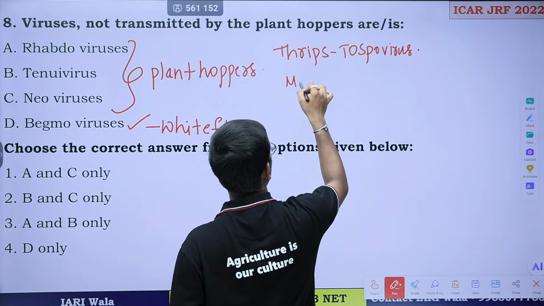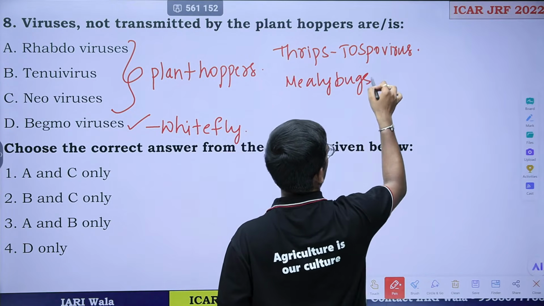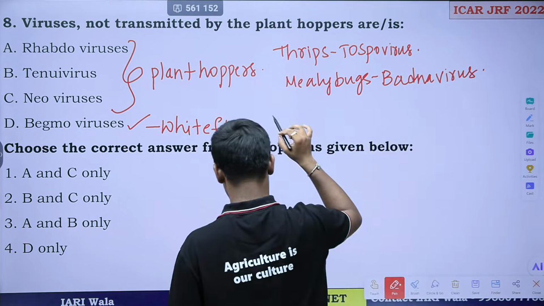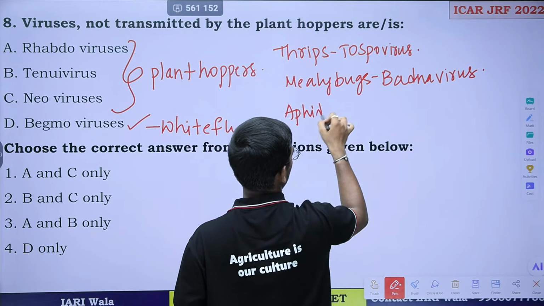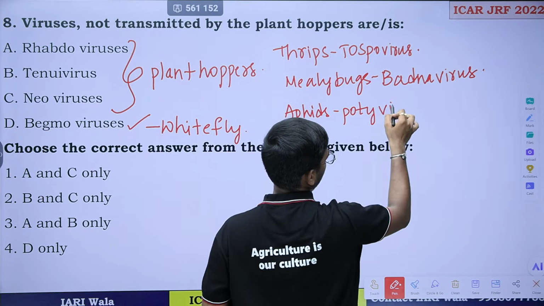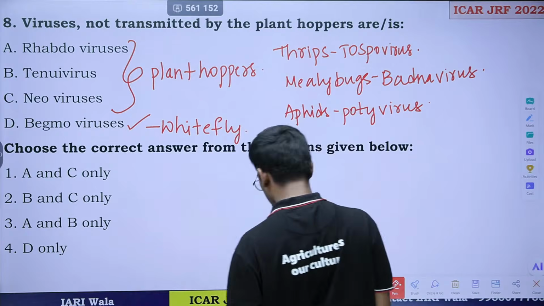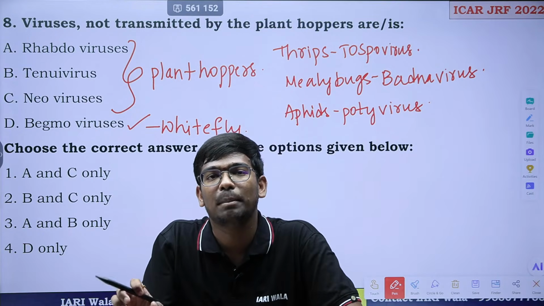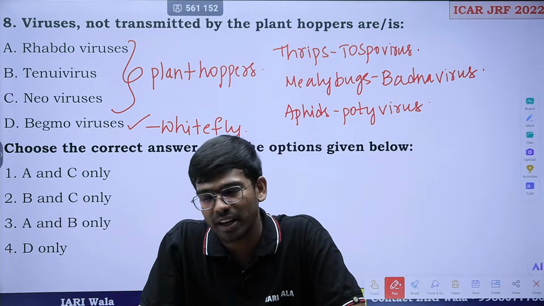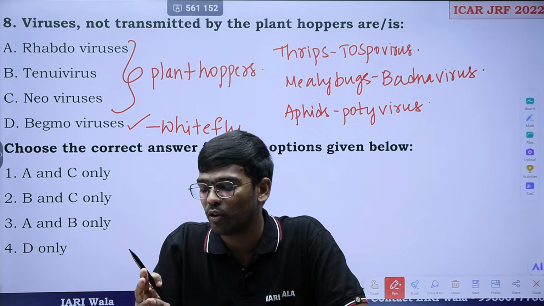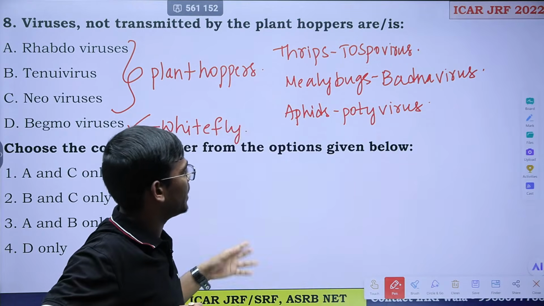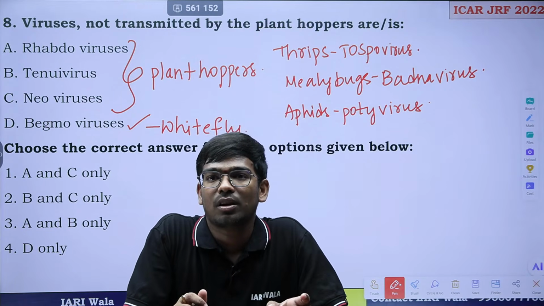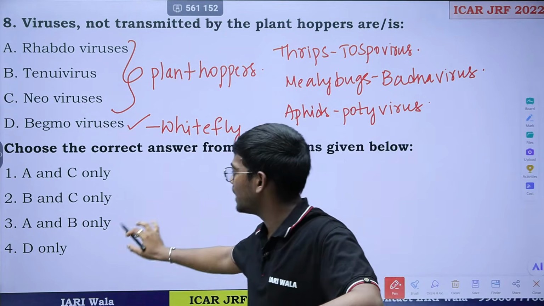Then mealybugs transmit badnavirus. Before that, we need to know these points. Thrips transmit tospovirus and mealybugs transmit badnavirus. Then begomovirus is transmitted by whitefly, and plant hoppers transmit rhabdovirus, tenuivirus and nanovirus. Then the leftover one is that aphids transmit the remaining viruses. Okay. So here the option becomes D.